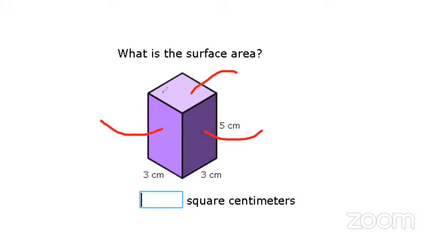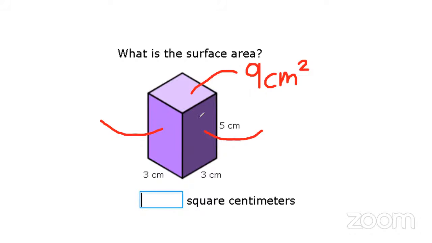And so for the top face it is 3 centimeters multiplied by 3 centimeters. 3 times 3, 9 square centimeters. All right. So we have found it for one face. But we know that the one underneath it at the bottom is also 9 square centimeters. So we can go ahead and multiply this by 2, or we can just add it to itself, add it twice.